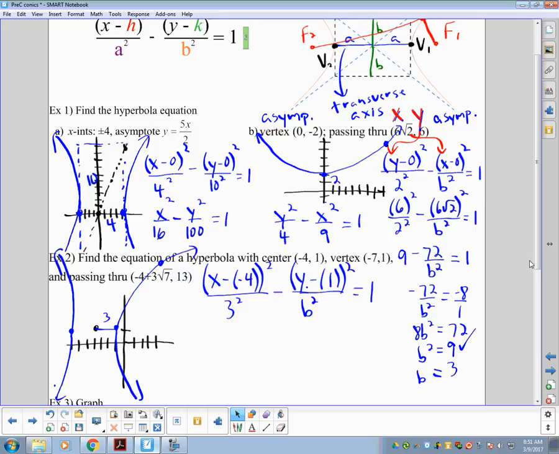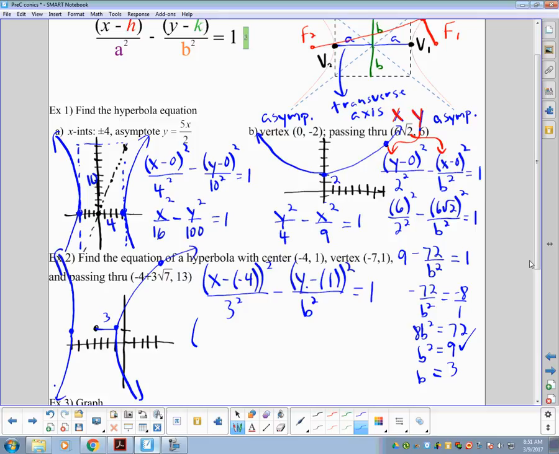So to find my b squared, I'm going to need to plug in that point. That point's kind of ugly, but it'll come out okay. -4 plus 3 root 7, comma 13. So we're going to plug this -4 plus 3 root 7 in right here. And it'll be okay. Watch.